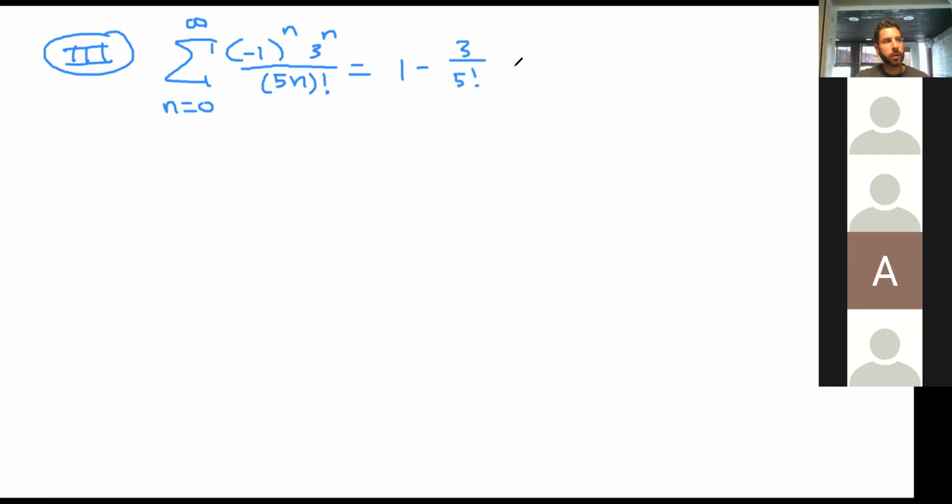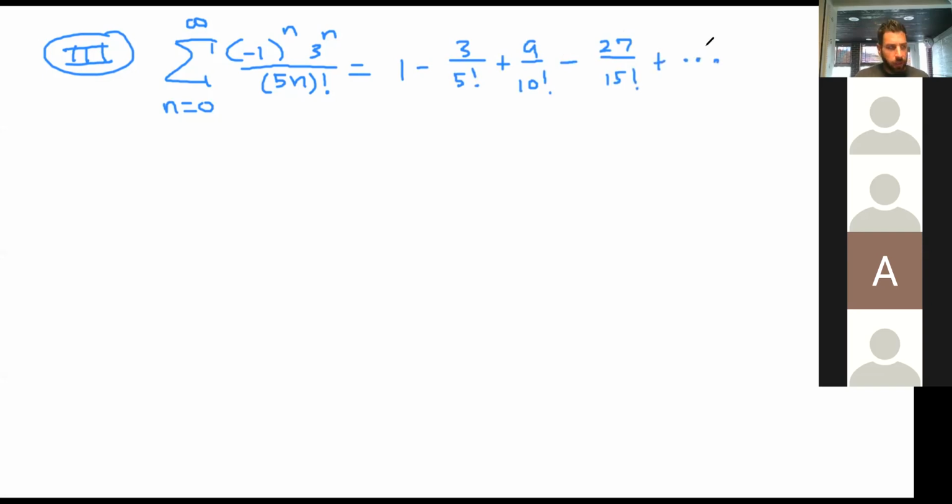Even though it's 120, I'll just write it like this. And then it's plus 9 over 10 factorial. And then it's minus 3 cubed, which is 27, over 15 factorial. And then this little creature continues.